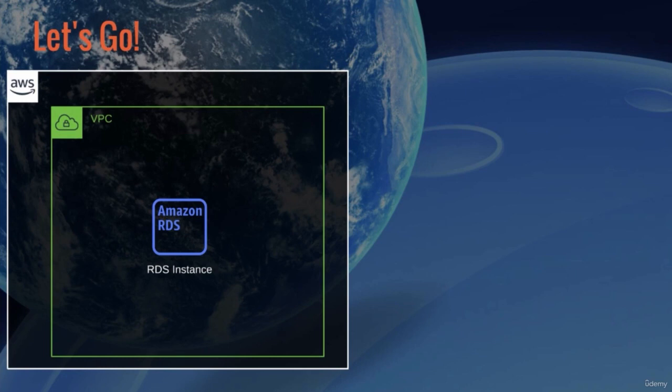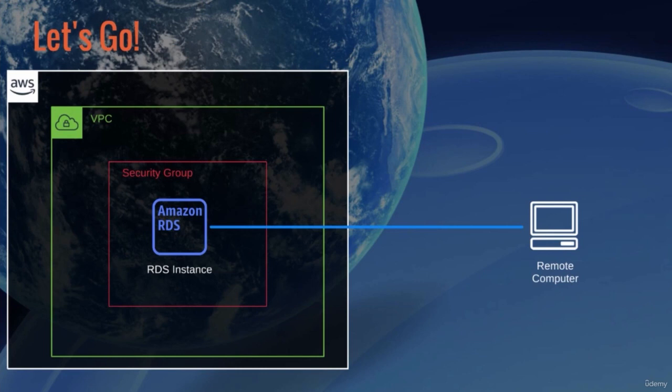So that RDS instance will have a default security group associated to it. And that security group is a firewall to the outside world. And it will have rules that will prevent access to that database instance. So to allow access to that RDS database instance, we are going to need to create a new security group.